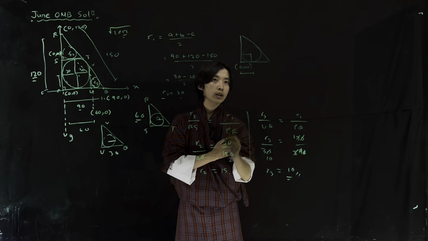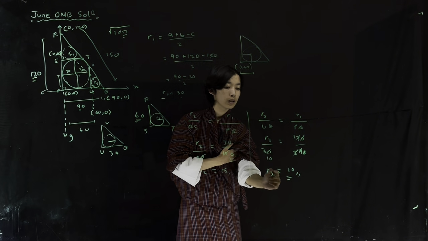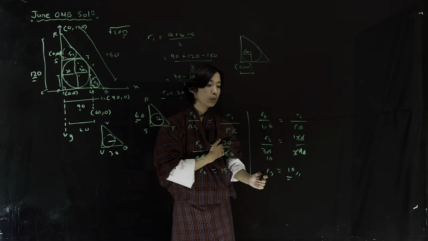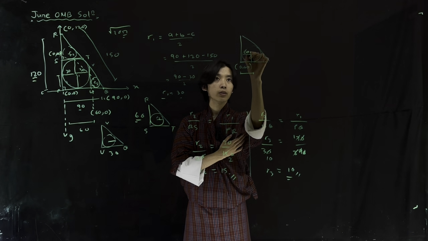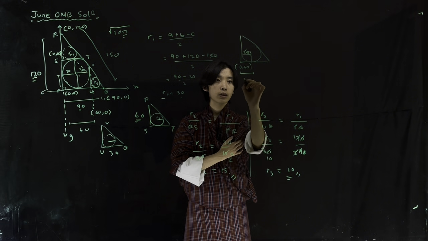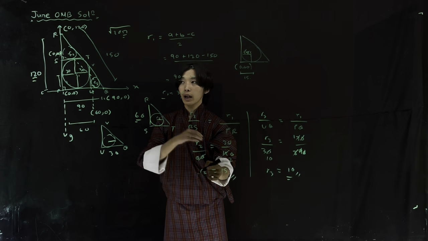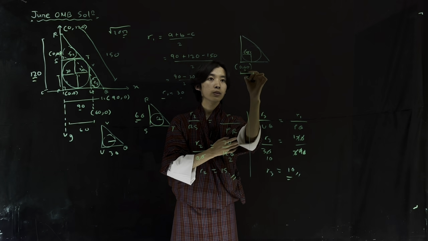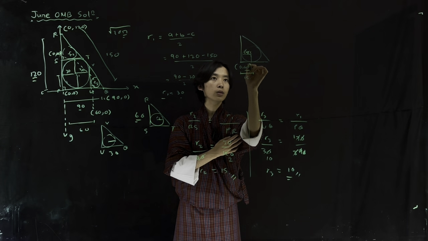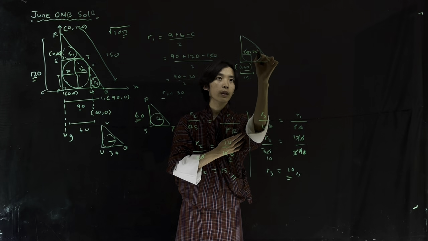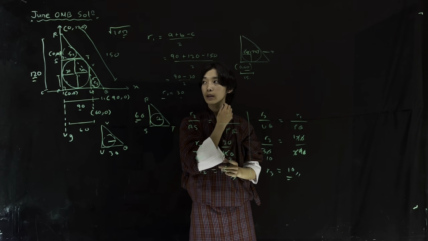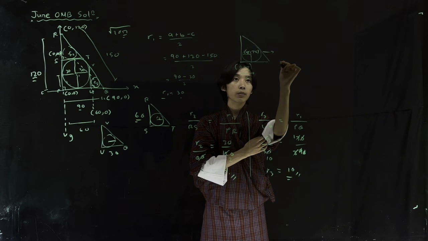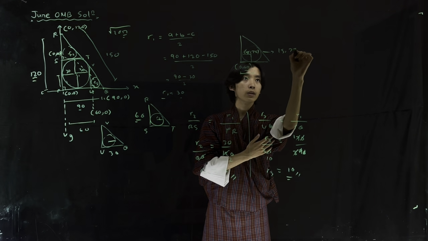So we just add the inradius, sorry, it is 15 actually. So we have to add 15 to the x coordinate, and for the y coordinate, we add 15 to 60, which is 75. So we get the center coordinate of the inscribed circle of triangle RST as 15, 75.